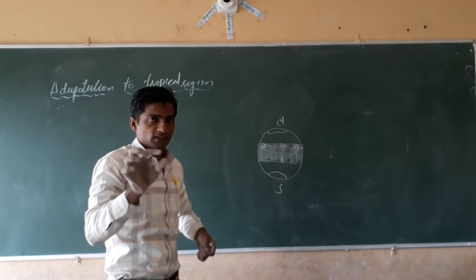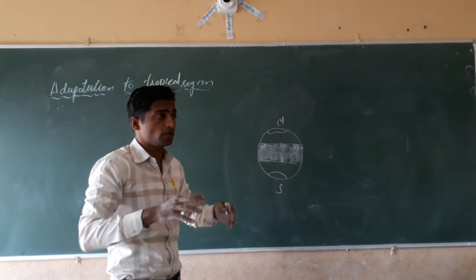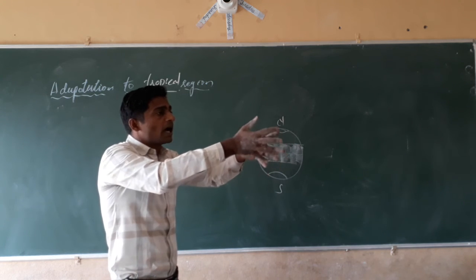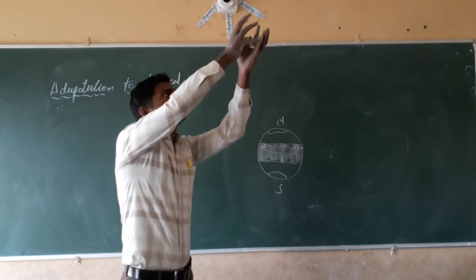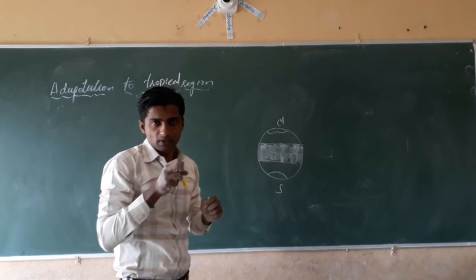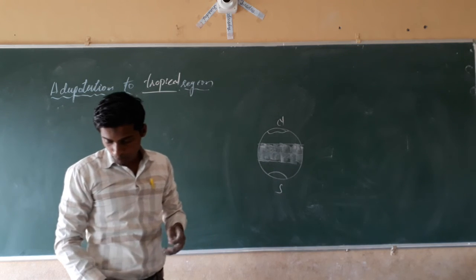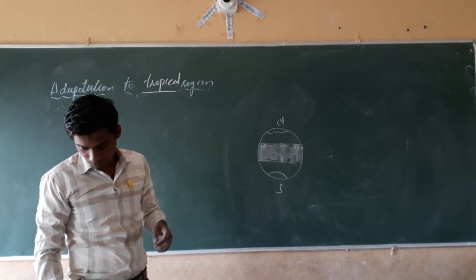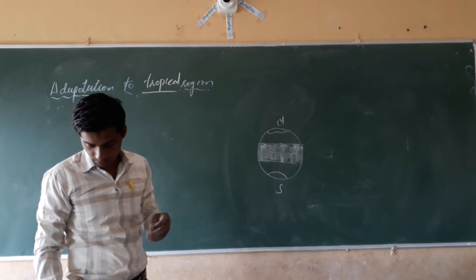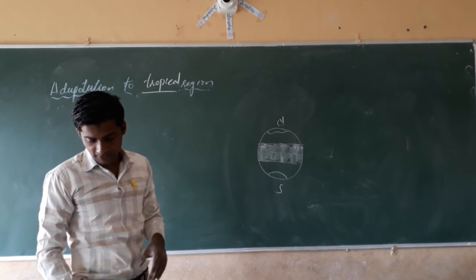The toucan bird is living mainly there, with a long beak, and the long beak helps to snatch the fruits from the thick branches. See, the beak is long, helping to snatch the fruits.